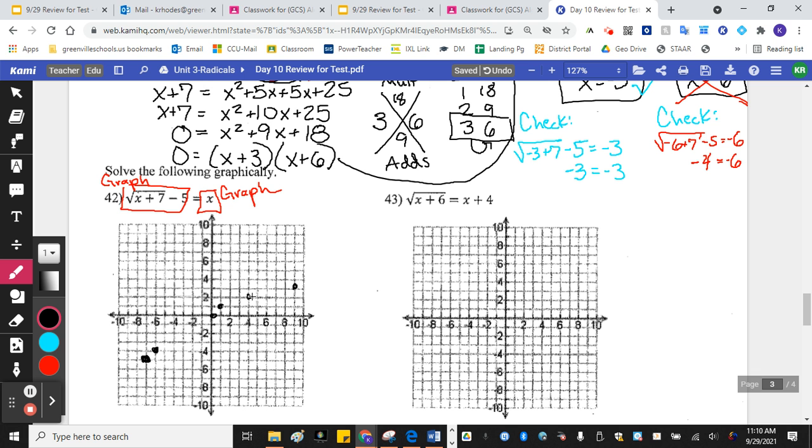Left 7: 1, 2, 3, 4, 5, 6, 7, down 5. Your parent function is your square root, so I moved it left 7 down 5.